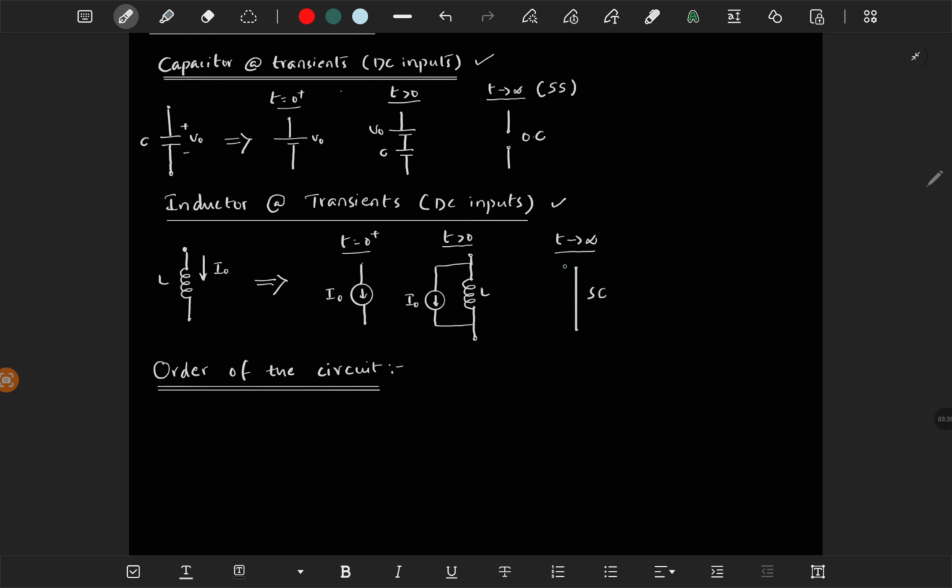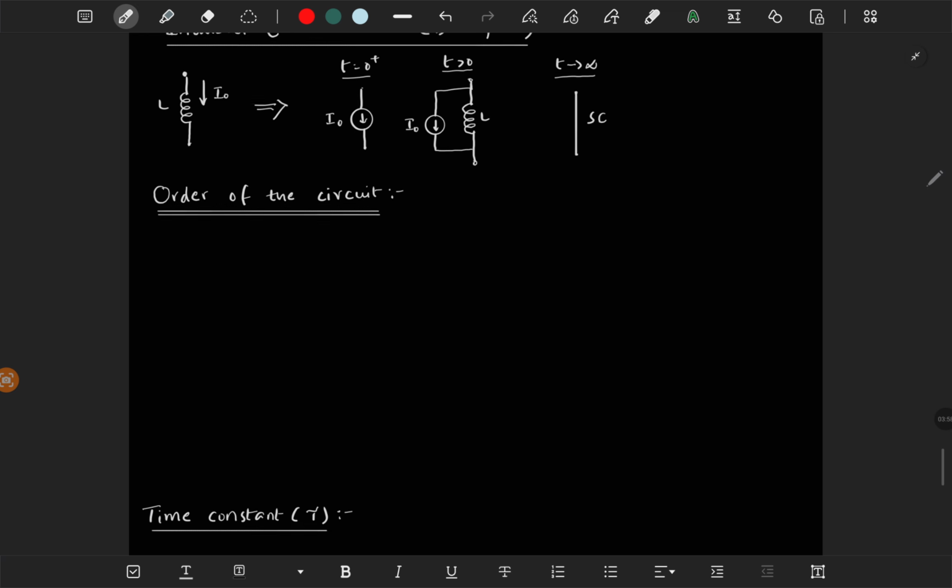And for steady state, for t tends to infinity, we replace the inductor with a short circuit. So this is how transient circuits work at t equals 0 plus and at steady state, for both inductor and capacitor.